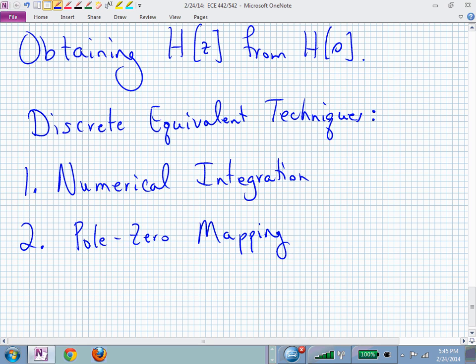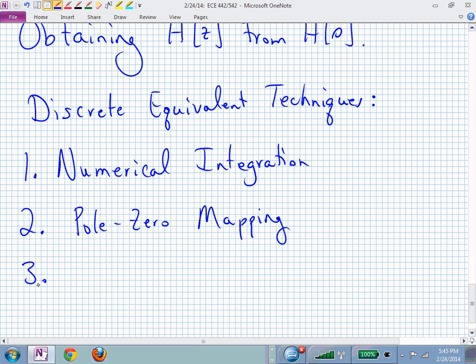And we've already talked about one of these discrete equivalents, which is a hold equivalent, which maybe I'll just say in general it could be a hold equivalent. We've actually specialized that to a zero order hold equivalent. But now we might have hold equivalents as a discrete equivalent technique. We have these three classes. Today what we want to focus on is this first class, numerical integration approaches.